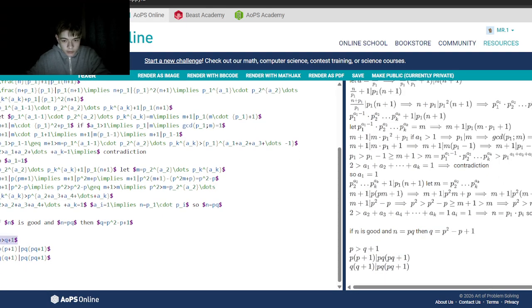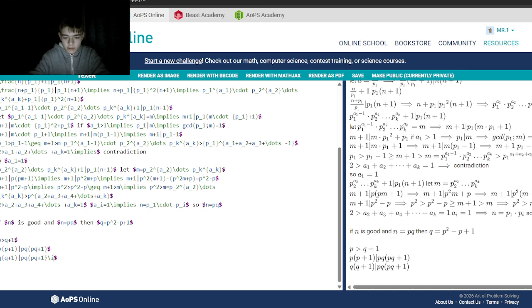Now we will use this right here. So if p is greater than q plus 1, then q plus 1 can't divide p. So if it divides, then q plus 1 should be equal to 1 or p, and both of these are contradictions.